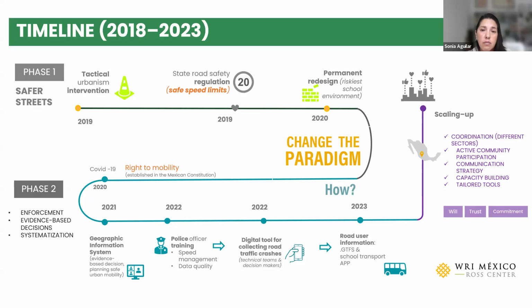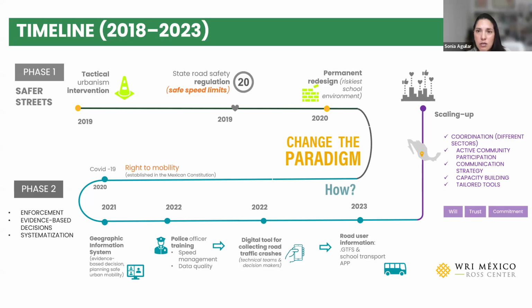So for scaling up, a lot of coordination, active community participation, communication strategies, capacity building, and tailoring tools were needed. So this was based on the goodwill of decision makers, on the trust in the capacity of the technical teams, and on the commitment of all the stakeholders I have mentioned.